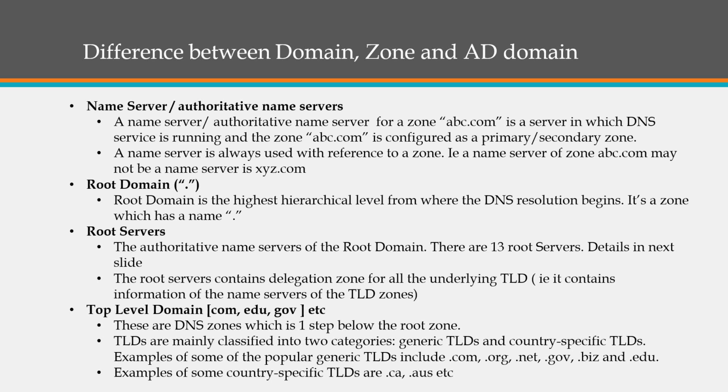But if you are a beginner, for the time being, just understand that there are only 13 root servers, 13 servers in which we have this dot domain or zone present. I'll be giving you the details in the next slide. But for the time being, let's continue.